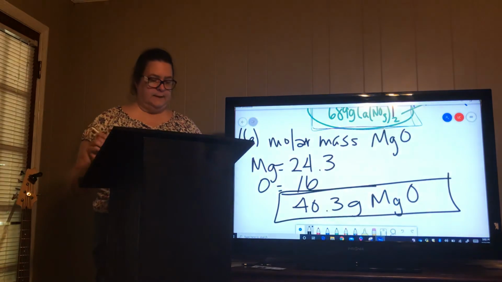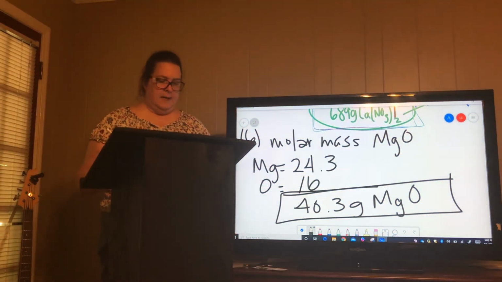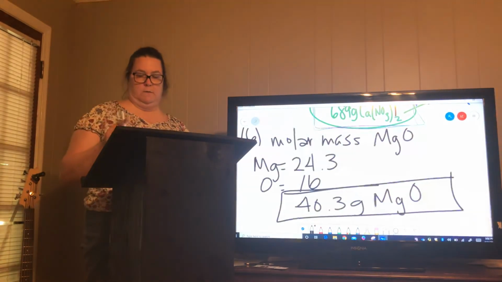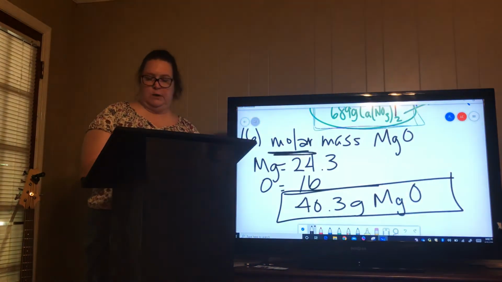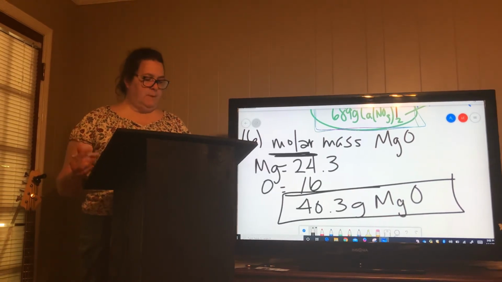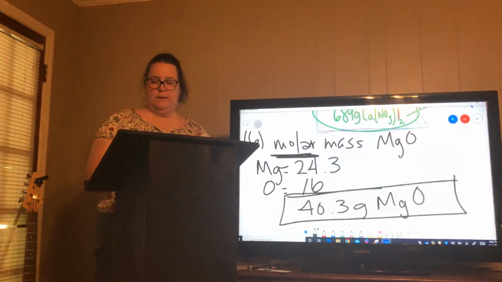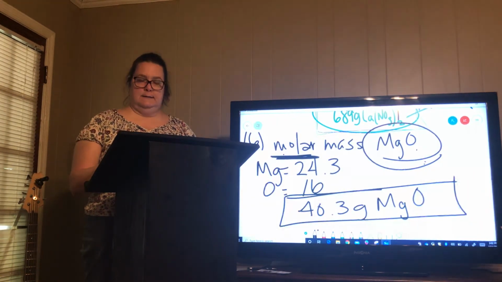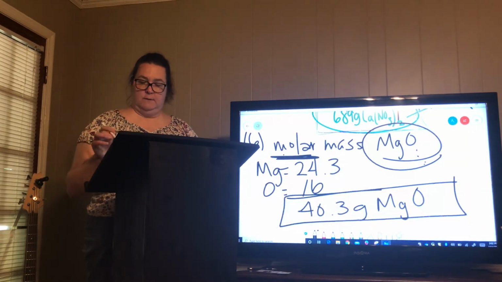That is the molecular mass or molar mass. We use molar mass when we're doing stoichiometry because we're talking about moles, molar. Whereas atomic mass is not really what we want. We want what's the mass of this as it pertains to molar.